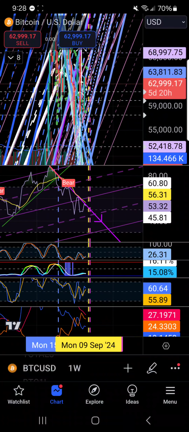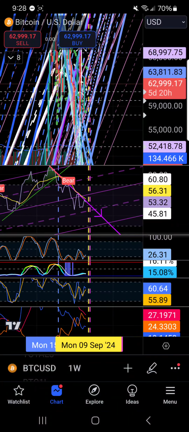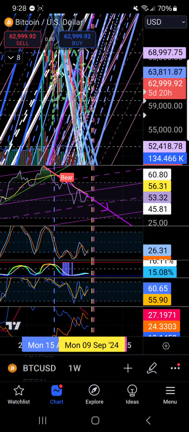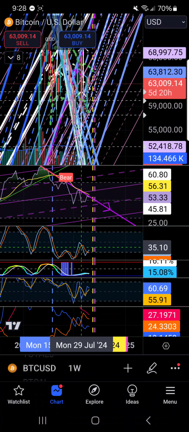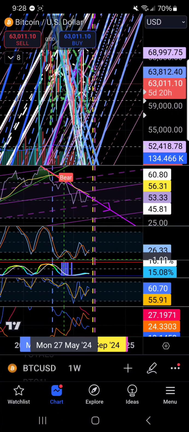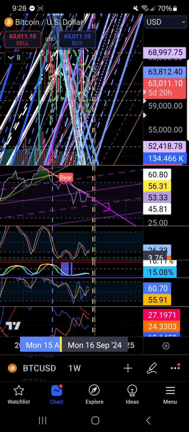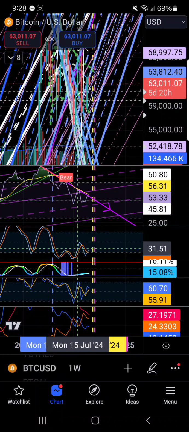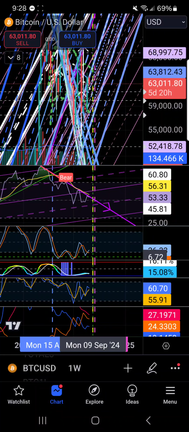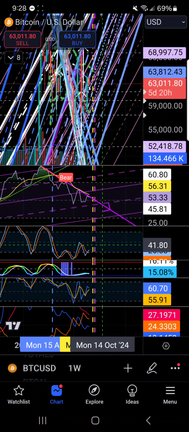While we're here, let's look at our weekly oscillators. We've been toying around with the stochastic RSI here on the weekly chart, and we've had a lot of fake outs to the upside. Is this going to be the real one or another fake out?